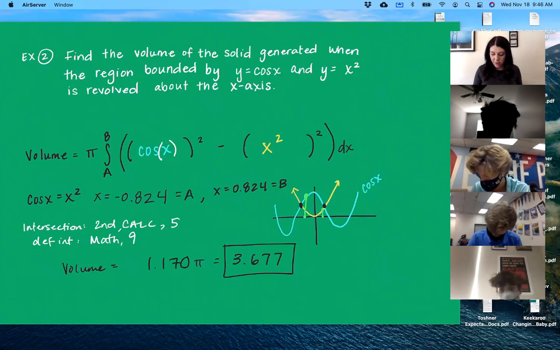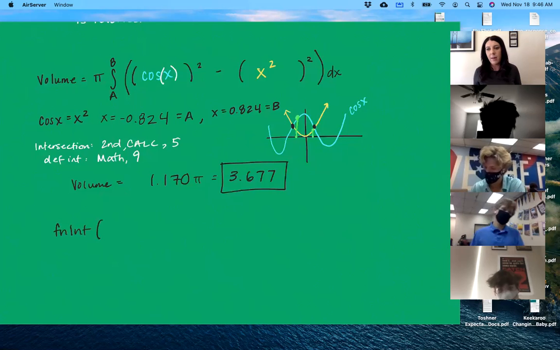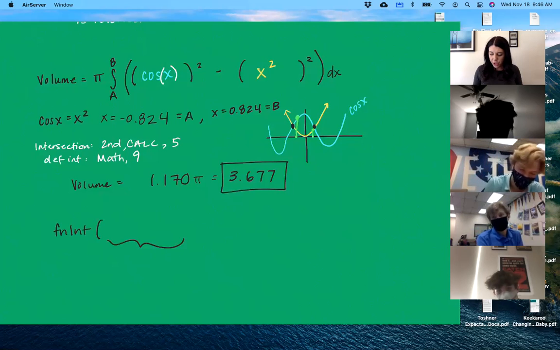Okay, so let's talk if you have the other one with the other programming. What came up for you was fn int, I think, Charlie, is that right? That's right. Okay, so it's going to be a similar thing. We're going to type in our function first, comma, with respect to, and now we're going to go like our bottom bound and our top bound.